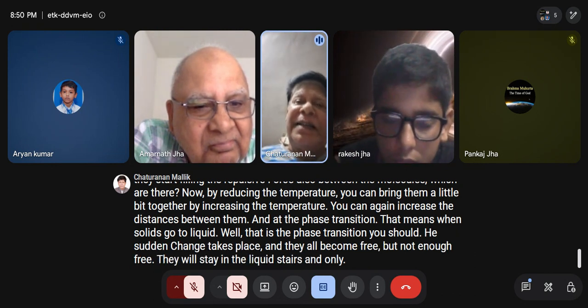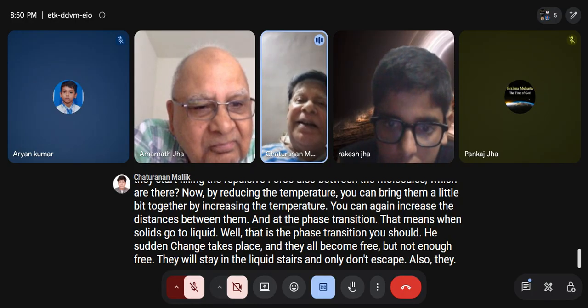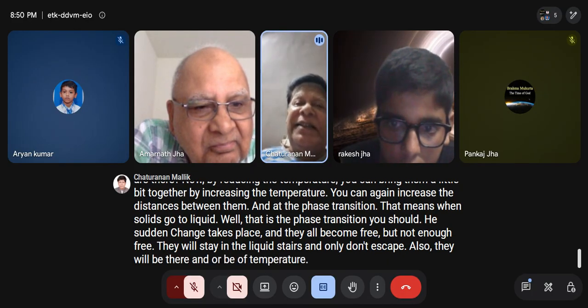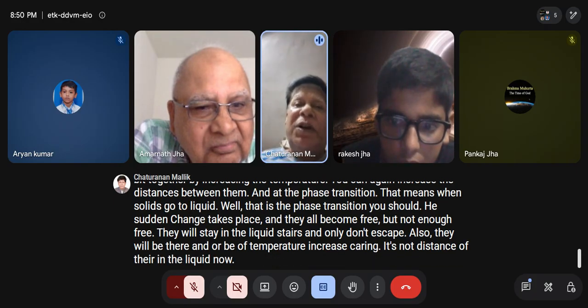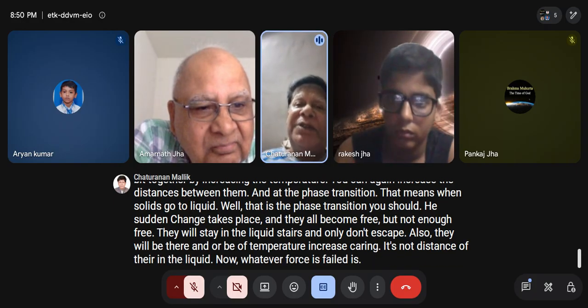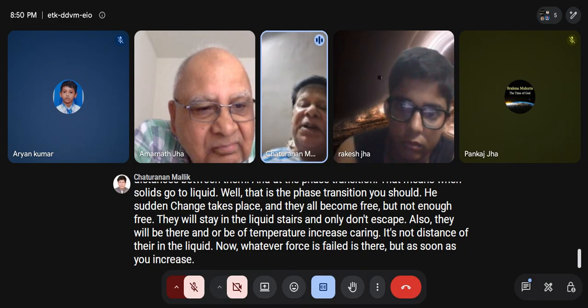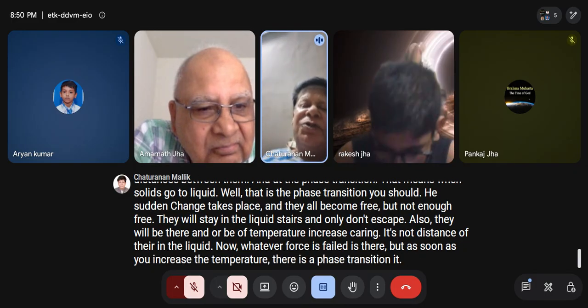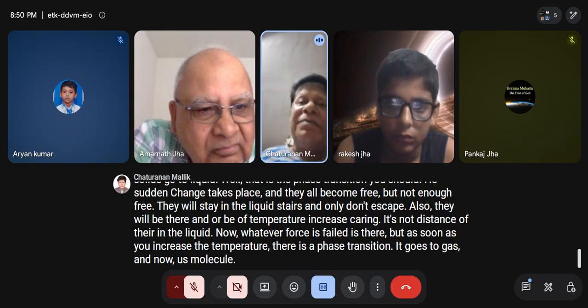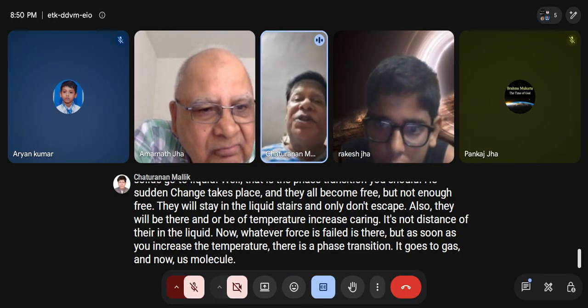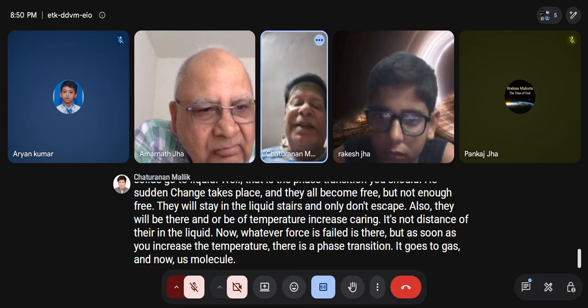And if you increase the temperature further, the distance increases. In the liquid, whatever force is felt is there, but as soon as you increase the temperature, there is a phase transition and it goes to gas. And now between those molecules there is no attractive force, and they all move around freely.